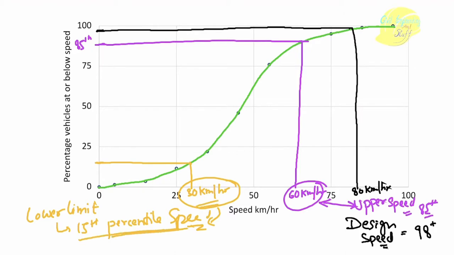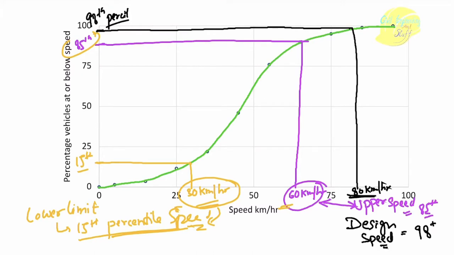Through this we found the 85th percentile speed, which is 60, the 98th percentile speed, which comes out to be 80, and likewise the 15th percentile. So this is how the cumulative speed of the vehicle is used to find out the desired speed limits.